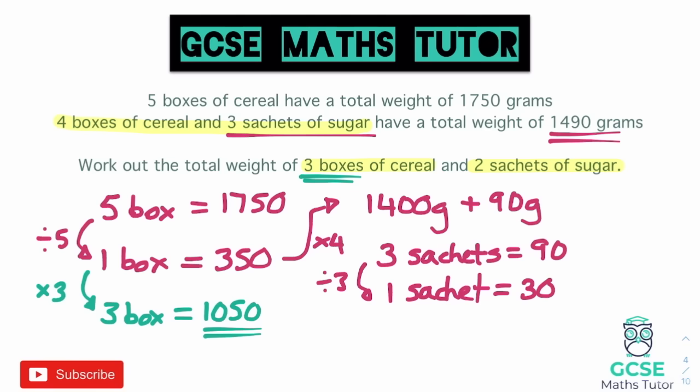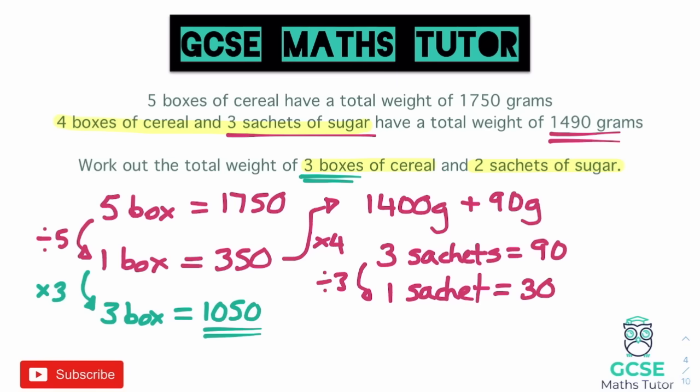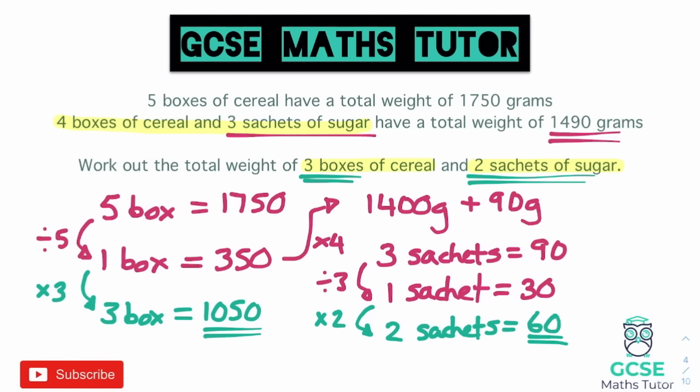There we go. And obviously the question here, and we'll swap colour again, wants us to work out the weight of 2 sachets of sugar. So we can straight away multiply that by 2. And if we multiply that by 2, we're going to get that 2 sachets is equal to 60. And that is the second part of our answer. Now, of course, this question here said work out the total weight of 3 boxes and 2 sachets.